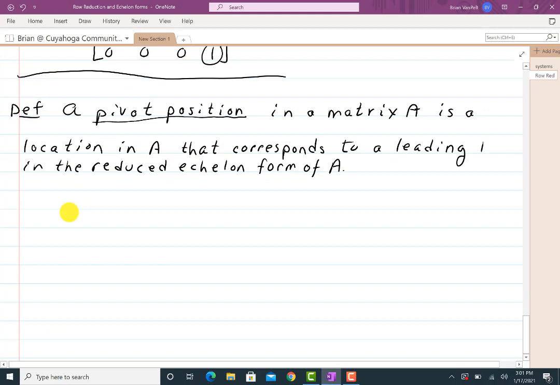So basically what we're going to have is this. We're going to start with A, and we're going to do a bunch of stuff to it until we arrive at a final form called U, let's say, and U is that echelon form.